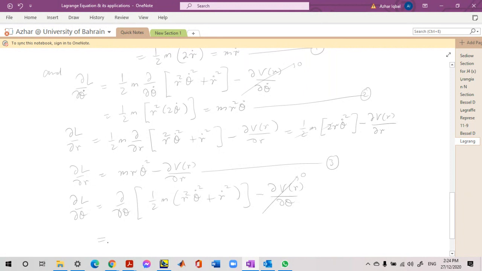Here it is equal to 0 because theta is not involved in the right hand side.